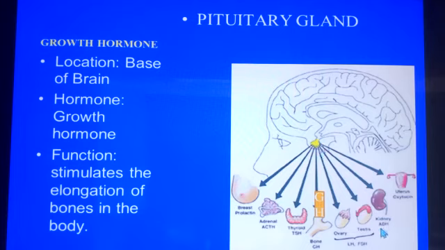The other part is the kidney. The kidney here is the target organ for ADH, especially the nephrons, where we know that the ADH or antidiuretic hormone stimulates the reabsorption or selective reabsorption of water back to the bloodstream. And then the last is the uterus. Remember, in the uterus there is a hormone that acts on it, which is referred to as oxytocin.